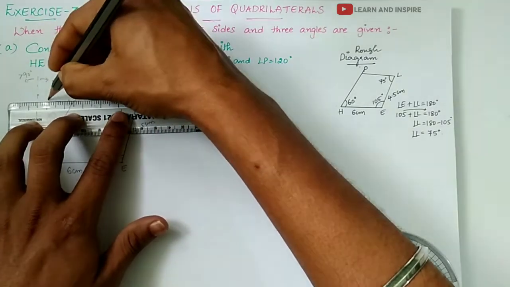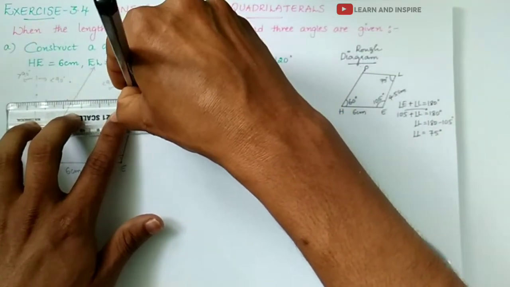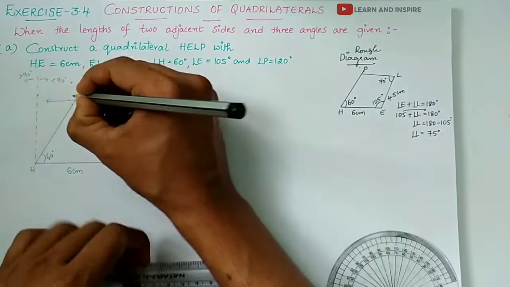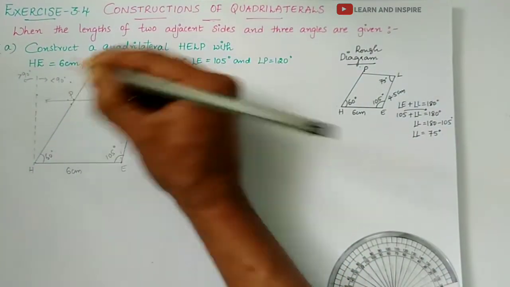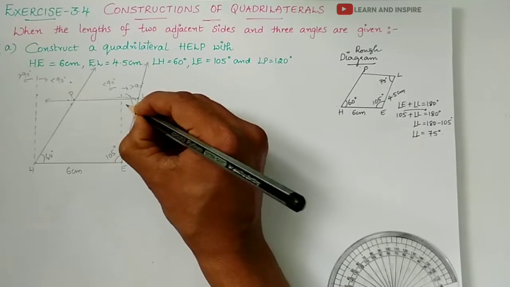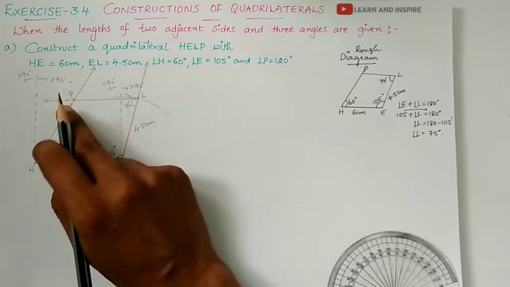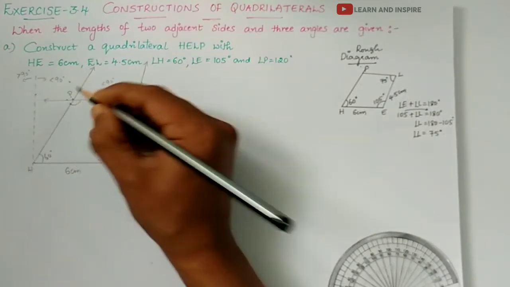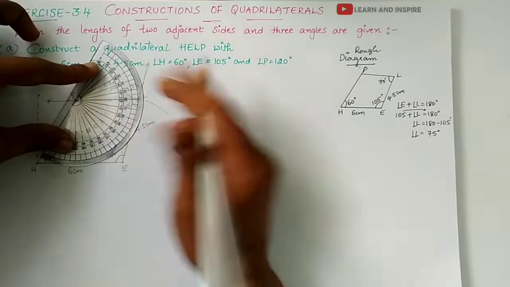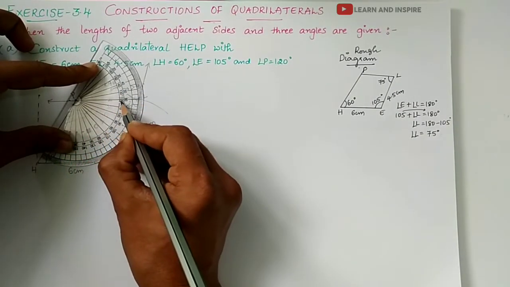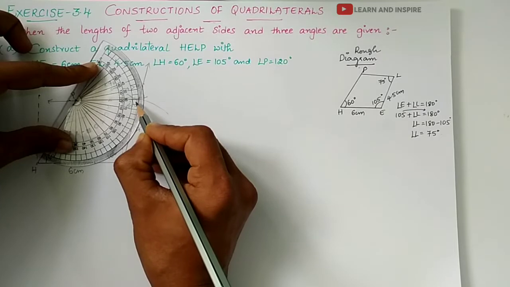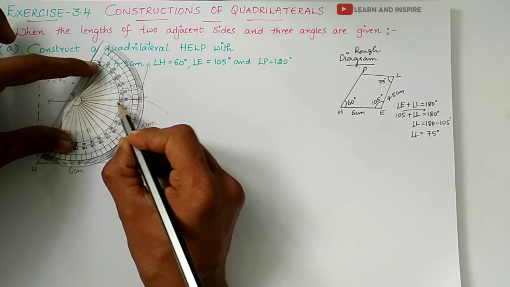Draw a ray and name the intersecting point as P, and this angle is 75. Now we have to check whether this angle is equal to 120 degrees or not. As you can see here, this is exactly 120 degrees. Angle P equals 120.